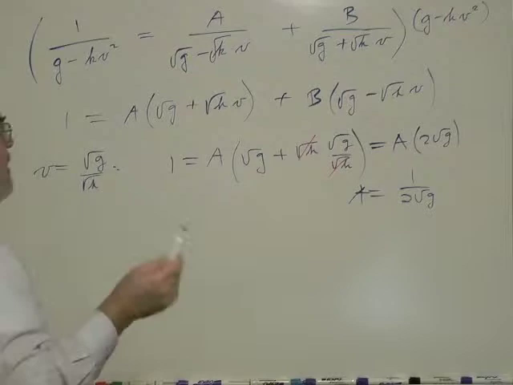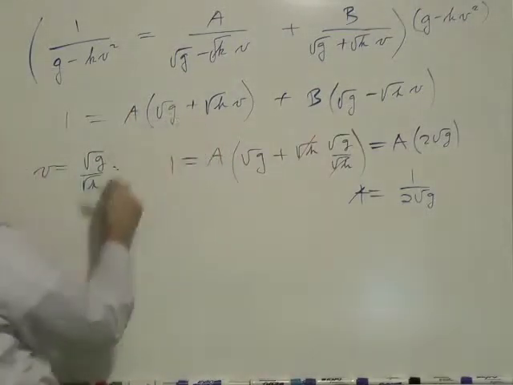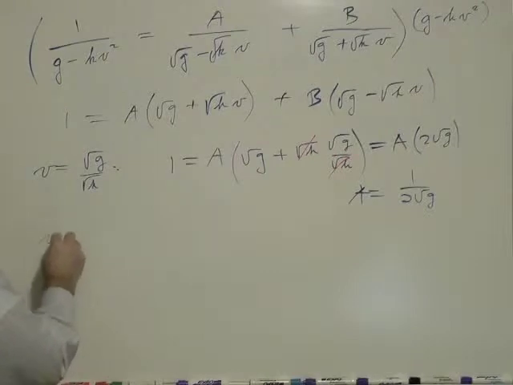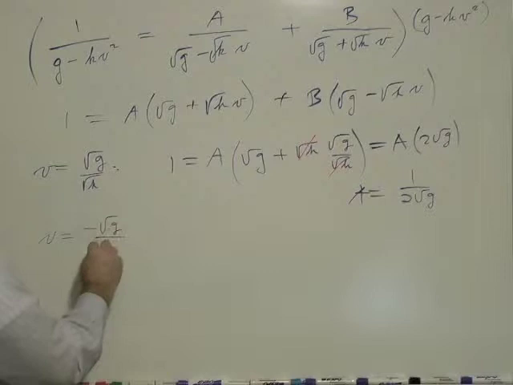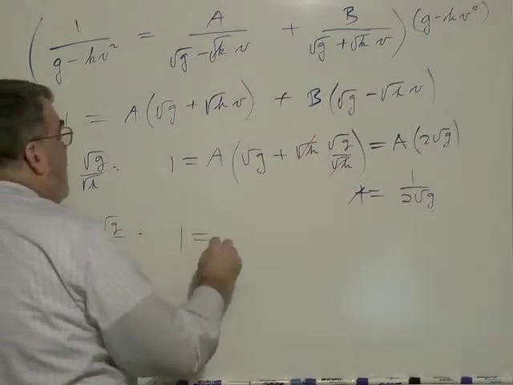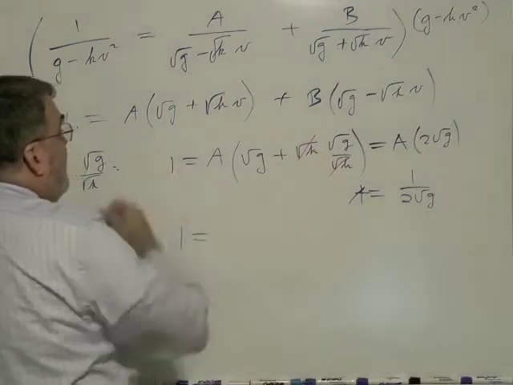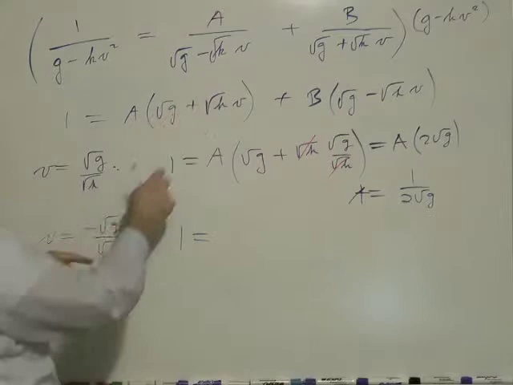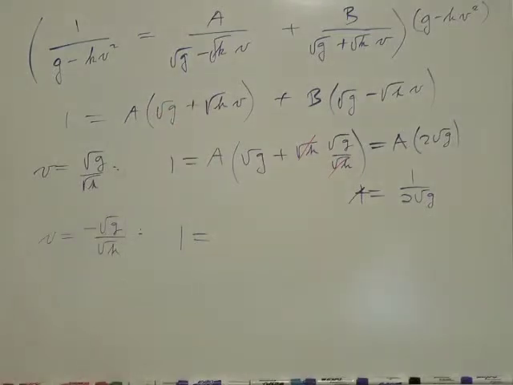Now, in order to solve for b, I want to make a substitution here that will cause this to cancel out and be 0. And we can do that by letting v equal to now minus square root of g over square root of k. So when we make that substitution, I get a equals basically 0. As you can see, you plug this in, you'll see that the square root of k's cancel. I get square root of g minus square root of g, which is 0.